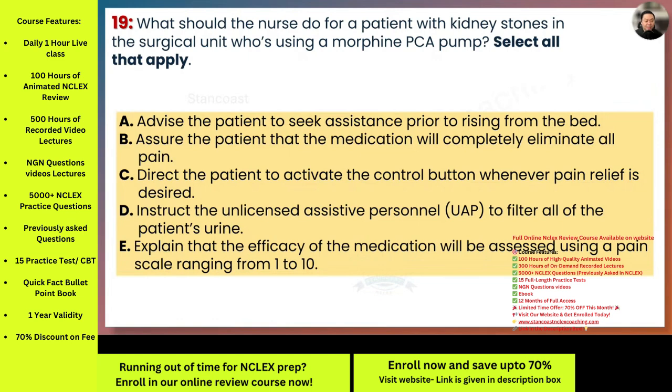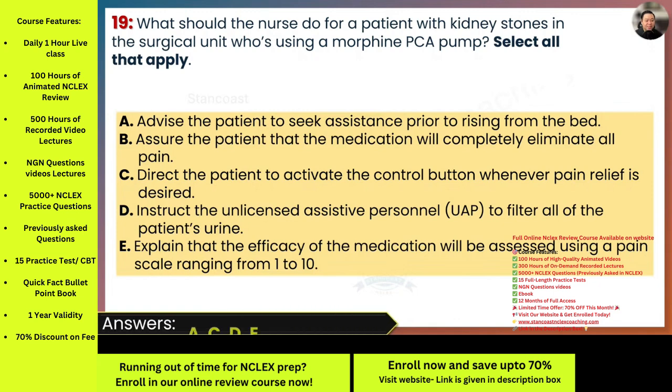D, instruct the unlicensed assistive personnel to filter all of the patient's urine. And E, explain that the efficacy of the medication will be assessed using a pain scale ranging from 1 to 10. The answers here are letters A, C, D, and E.